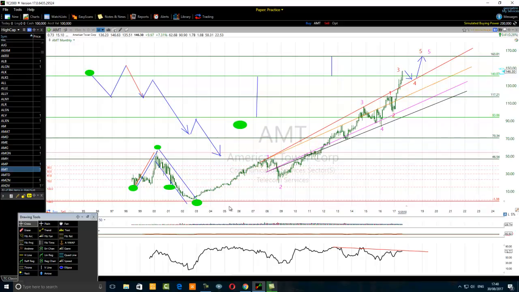It can be extended. There is one of the reasons why it can be extended. Did you ask that question? Why? It's because of the 78% Fibonacci retracement of the prior trend.